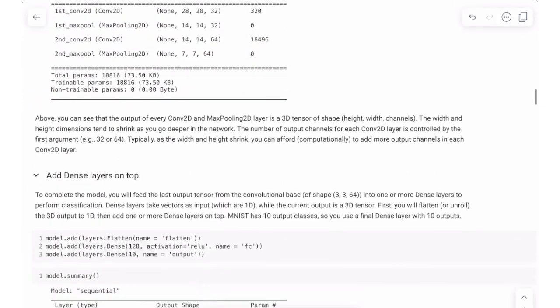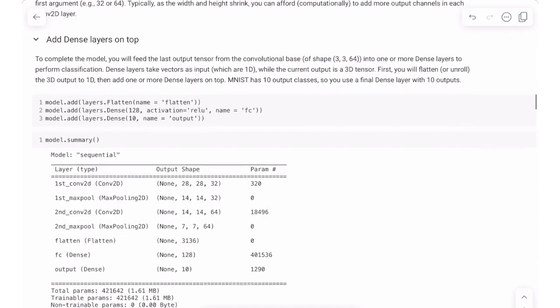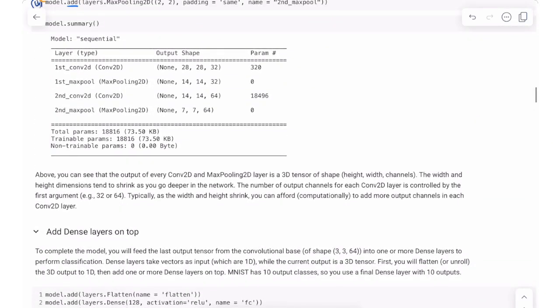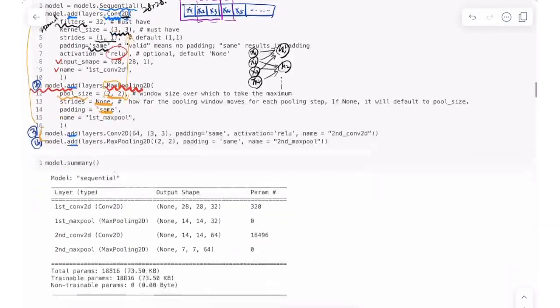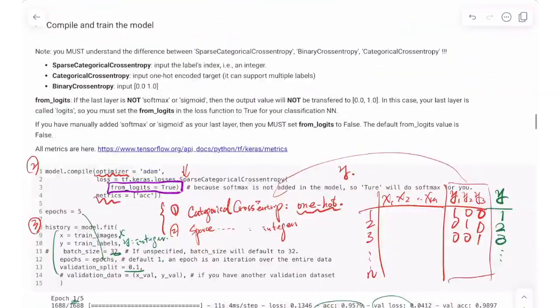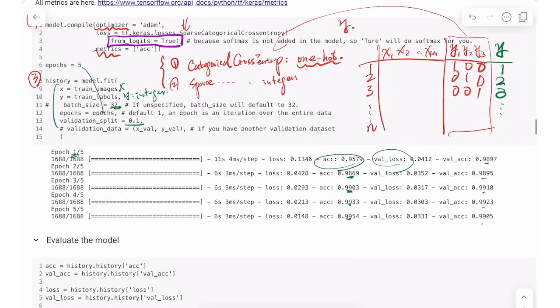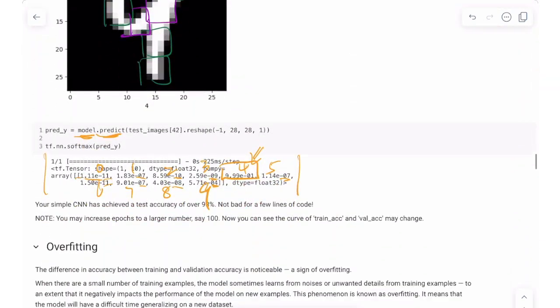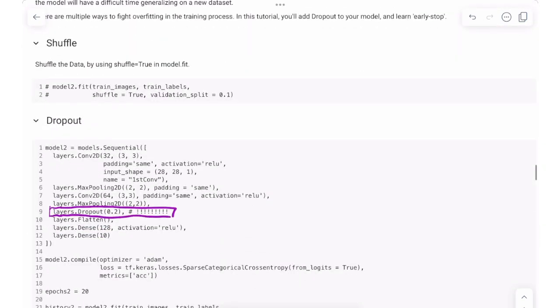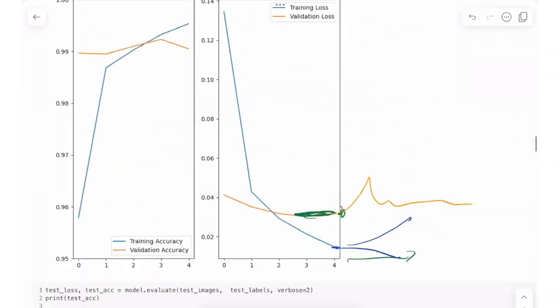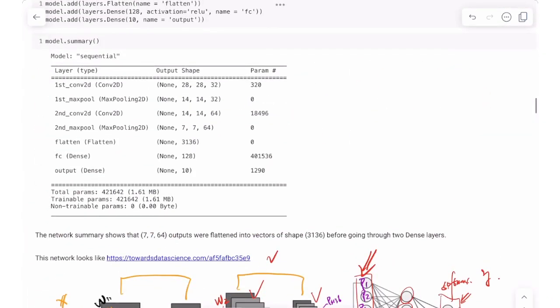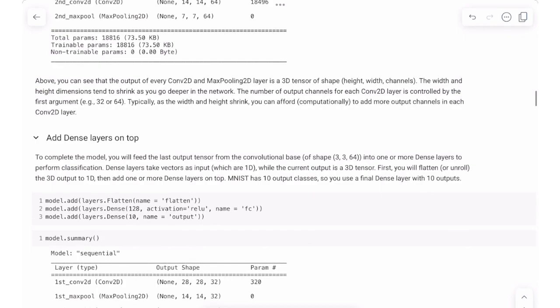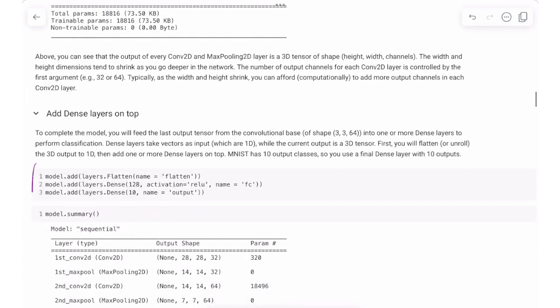As you can see, after the convolution we have additional layers right here.